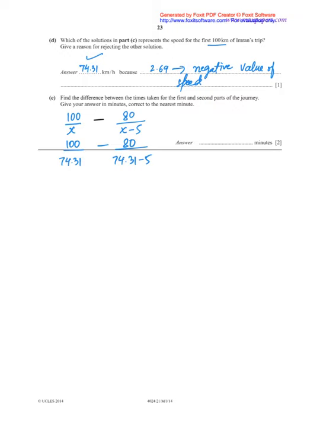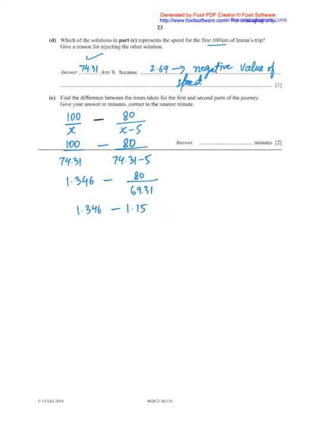Now we need to simplify this. 100 divided by 74.31 is 1.346, minus... 74.31 minus 5 leads to 69.31, and 80 divided by 69.31 gives you the value 1.15.